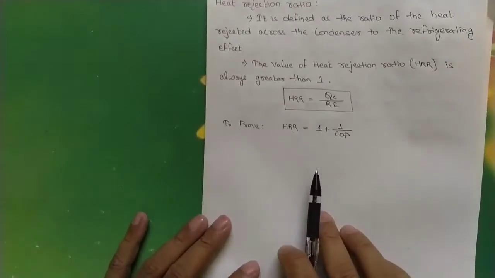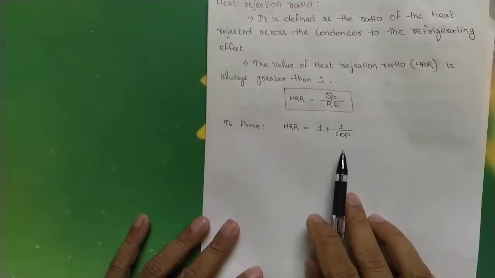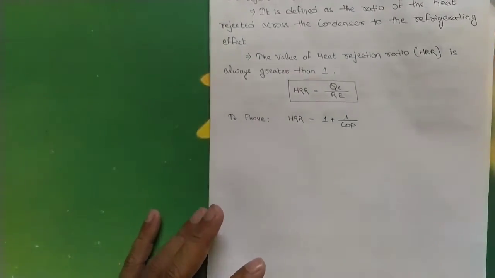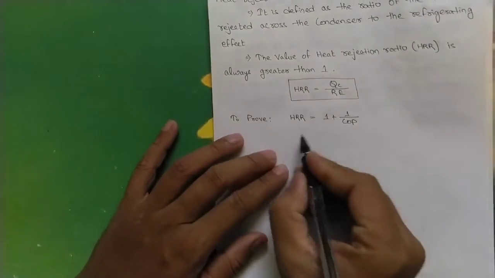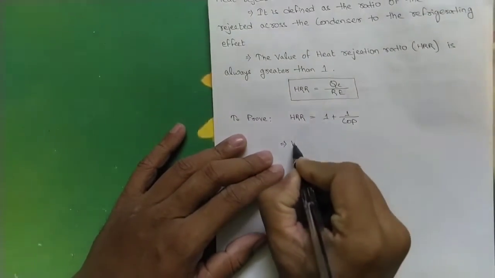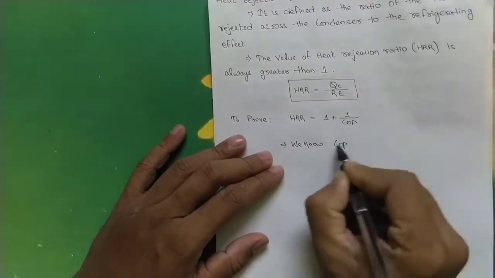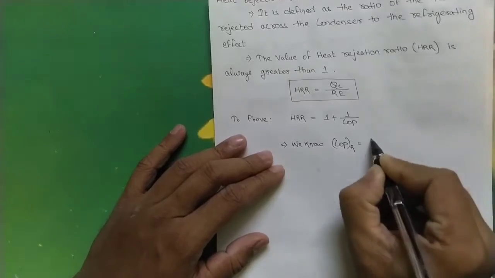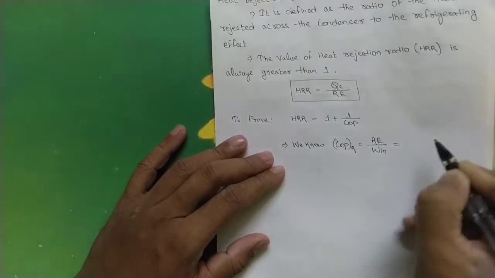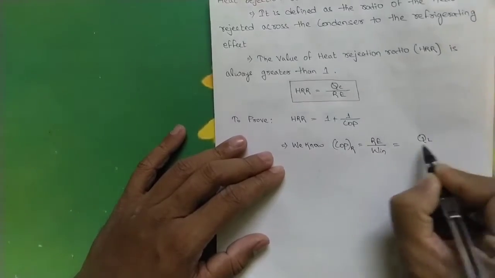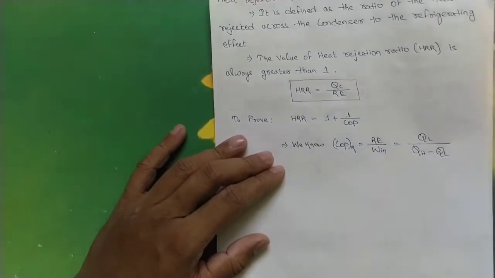There is another formula for heat rejection ratio, that is equal to 1 plus 1 by COP. So we will try to prove this formula. We know COP of a refrigerator is equal to refrigerating effect by work input, or that is equal to lower heat divided by higher heat minus lower heat.